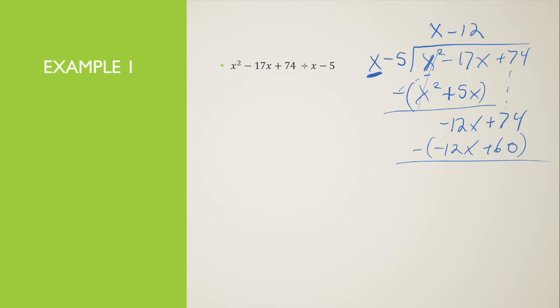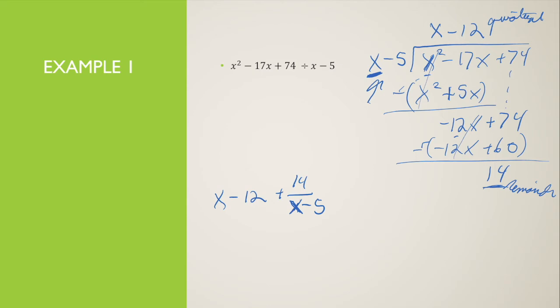My first terms cancel. 74 minus 60 is 14. So here's my remainder. Here's my quotient. I could rewrite this if I wanted as x minus 12 plus my remainder over my divisor, so plus 14 over x minus 5.